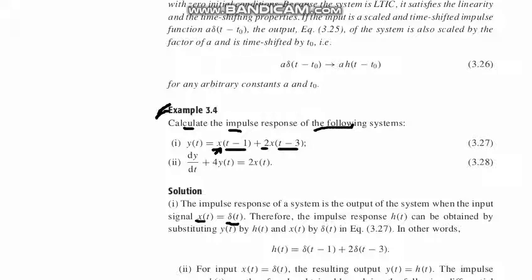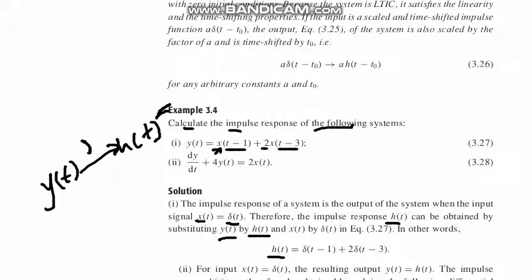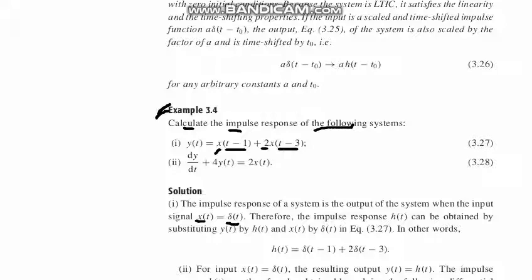The impulse response h(t) can be obtained by substituting y(t) by h(t). Just apply delta(t) at the input, with this transformation, and you will get h(t).